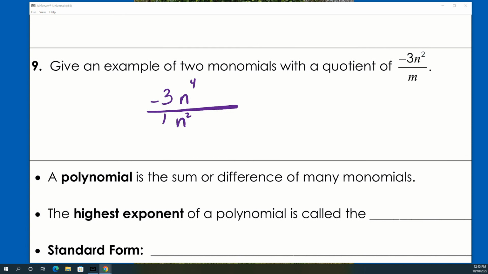All right, and then for the m's, we want to get m on the bottom, m to the first in the denominator. So we're looking for two powers that subtract to give you 1, but we want that m left over on the bottom. What do y'all think? There's a ton of right answers here. Okay, where do you want the 3? On the bottom. 3, 2. Yep, that works. So lots and lots of right answers here.